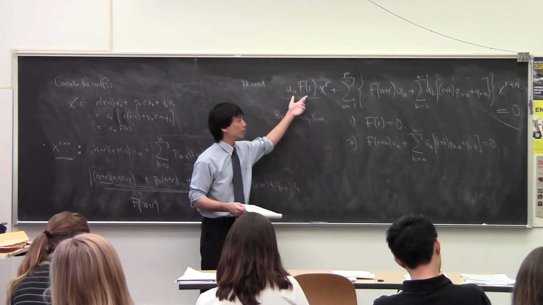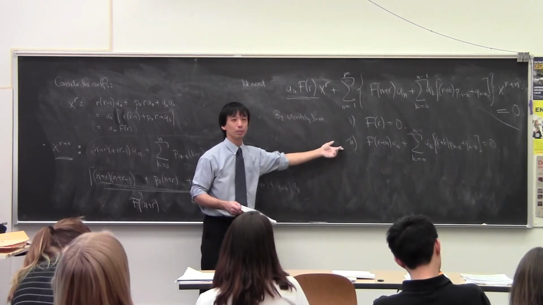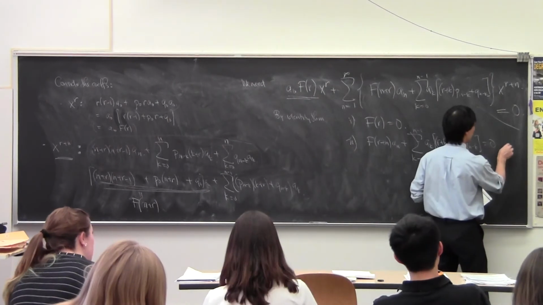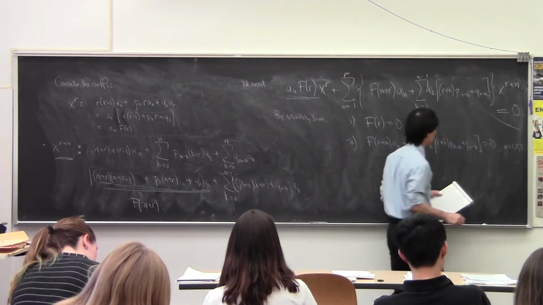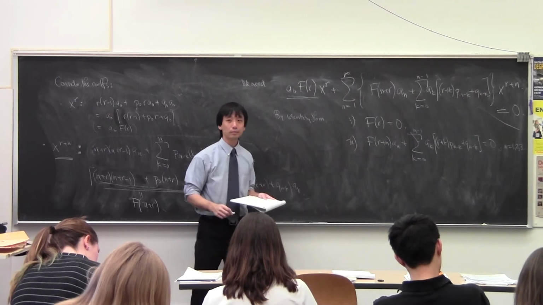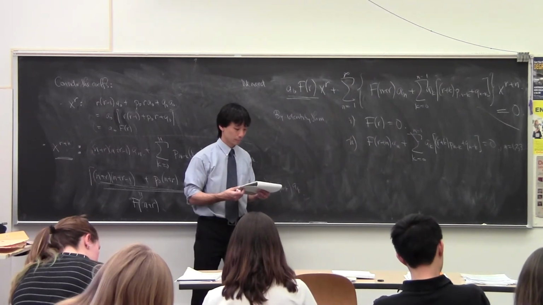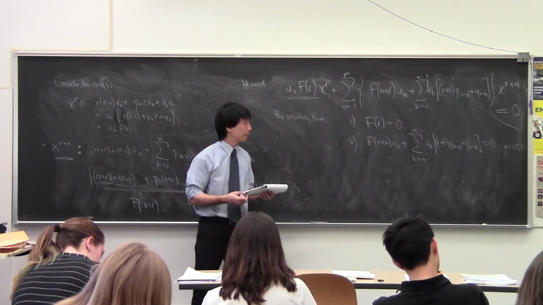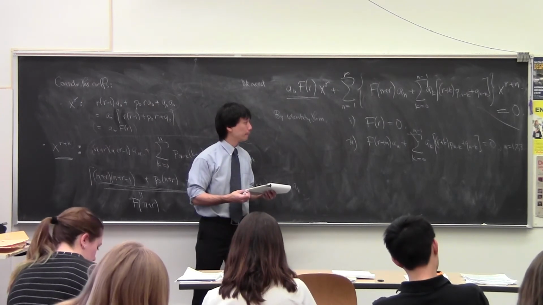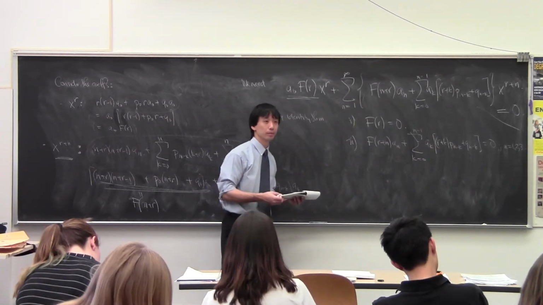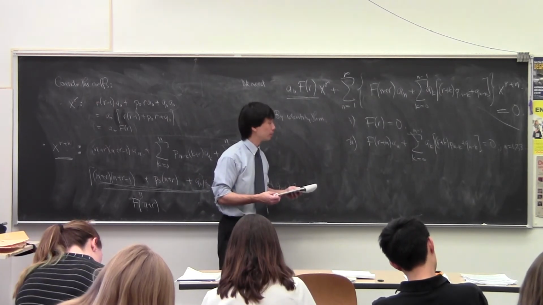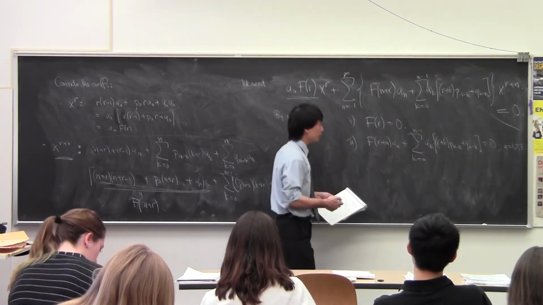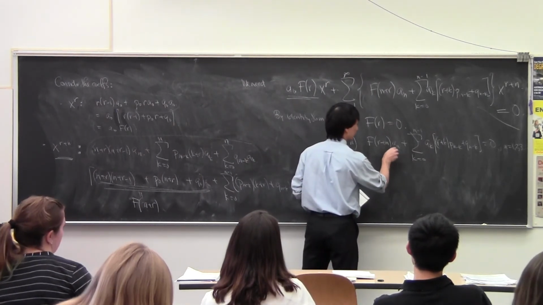The coefficient of x to the r must be 0, and the coefficient of x to the r plus n must be 0 for all n, so n equals 1, 2, 3. And this basically shows you how things are going to work out.